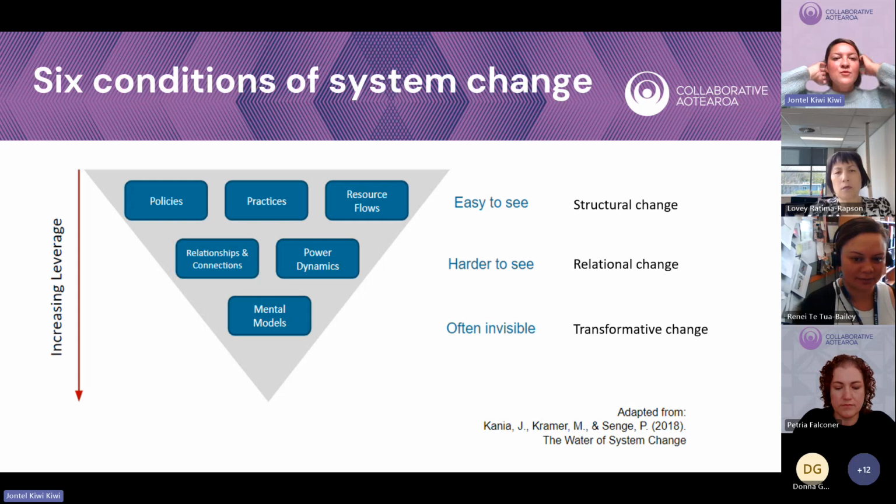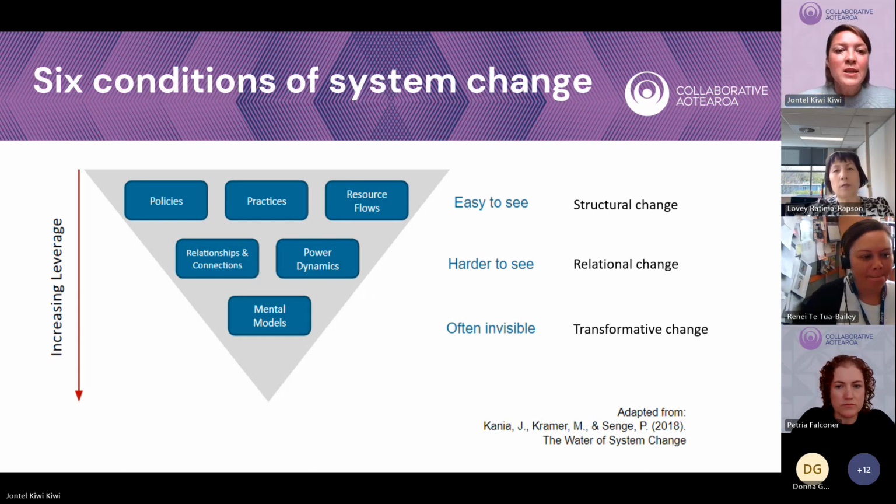Some of the principles that I found really helpful were looking at the six conditions of systems change.